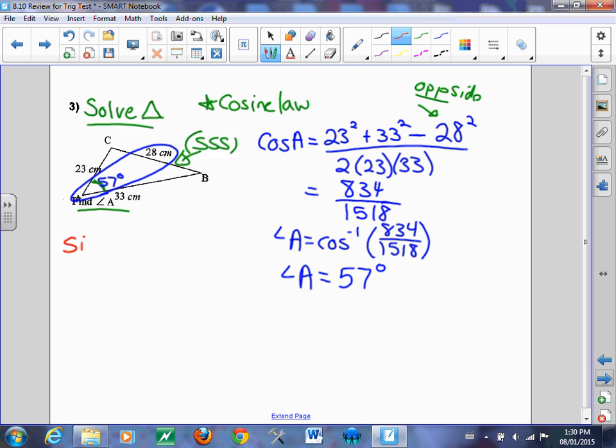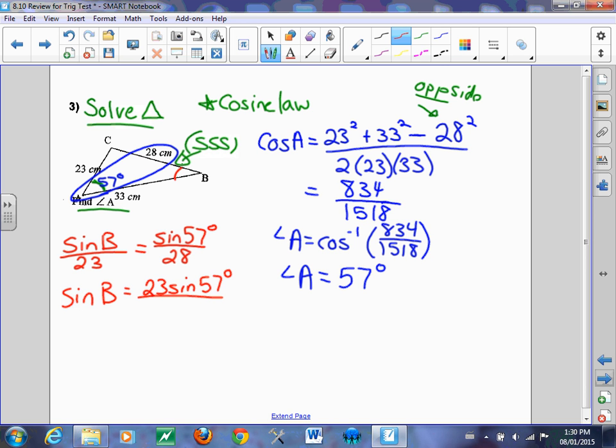Let's go sine B over 23 equals our match, which is sine of 57 degrees, what we just found out, over 28. Cross multiply and isolate. Take the opposite cross, so 23 sine of 57, divided by what we would normally multiply by. To get the angle, remember you have to do the sine inverse of this fraction.